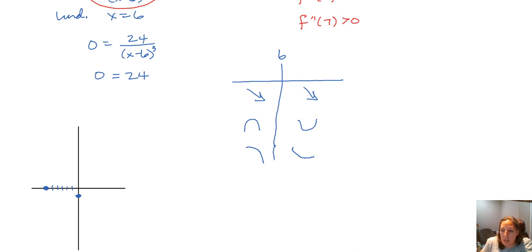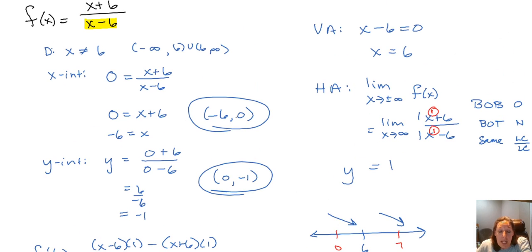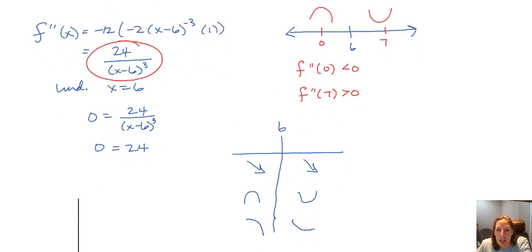We have a point at negative 6, 0, we have a point at 0, negative 1, we have a vertical asymptote at 6 and a horizontal asymptote at y equals 1. So let's go ahead and graph all of that.